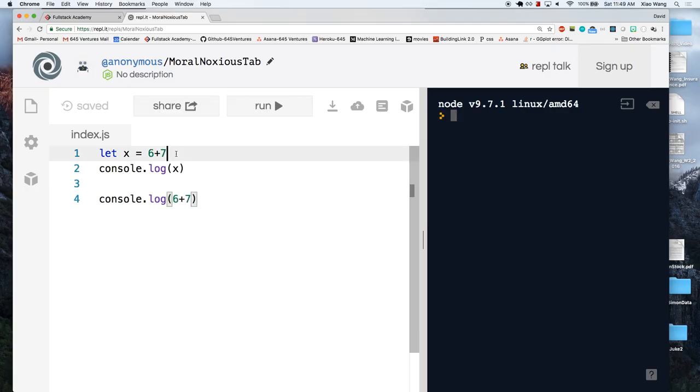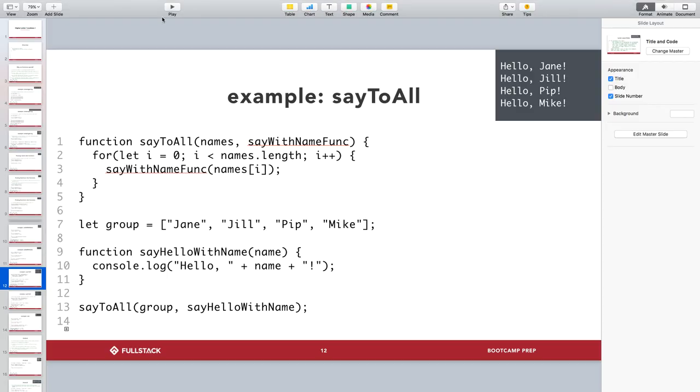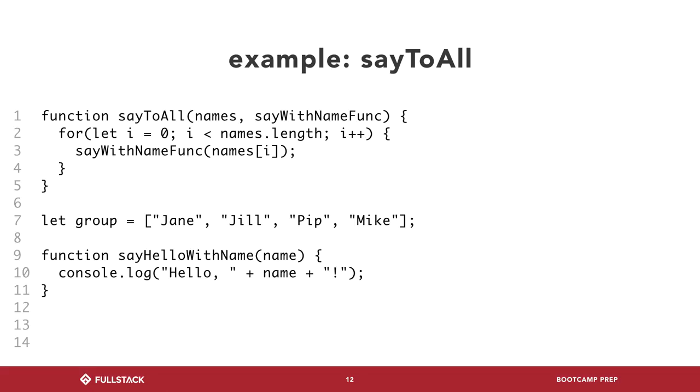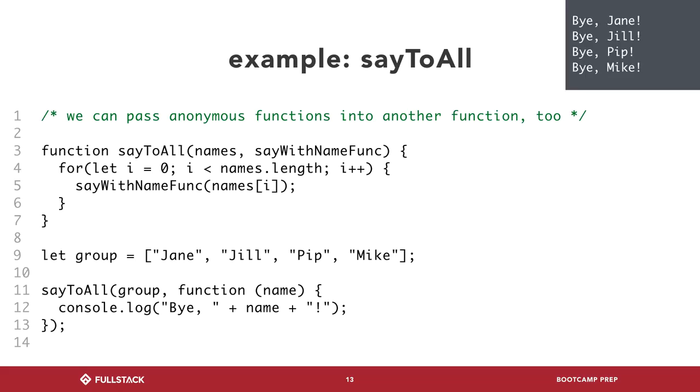Before we were storing the function as a thing and we passed in that thing. Now we're just passing in the function directly. So here we're storing it in this variable called say hello with name, and we're passing it in on line 13. Here we're saying, hey, let's just write it directly into the call.